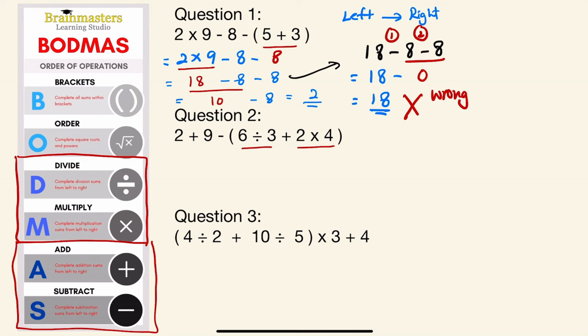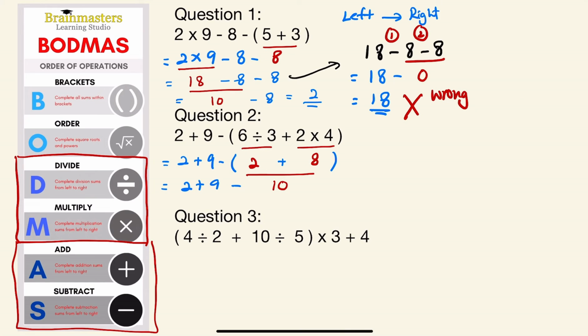So in this case, 6 divided by 3 gives me 2, and 2 times 4 gives me 8. Next, I bring down whatever I didn't do anything to, which is my bracket, since I'm still working inside it. So the rest I copy down. Now I deal with the bracket, which gives me 10, and the rest I bring down again: 2 plus 9 minus 10.